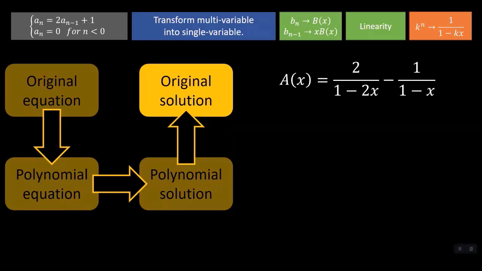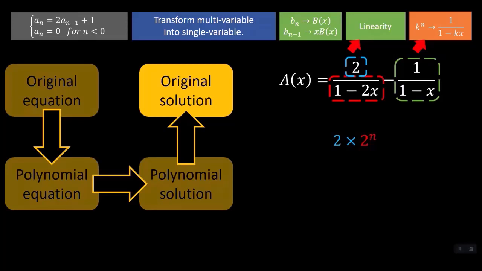We would now like to find the sequence which this polynomial corresponds to. As you remember, based on this box, 1 divided by 1 minus 2x corresponds to 2 to the power of n. It is multiplied by 2, so based on linearity, the sequence is also multiplied by 2. Then, 1 divided by 1 minus x, again based on the orange box, corresponds to u of n.